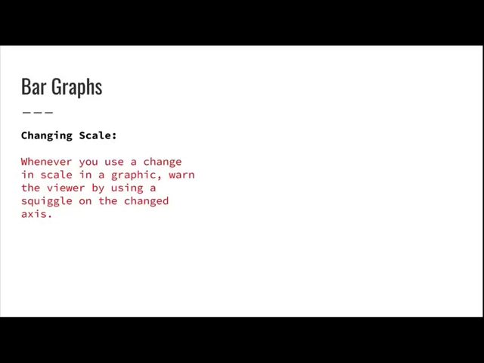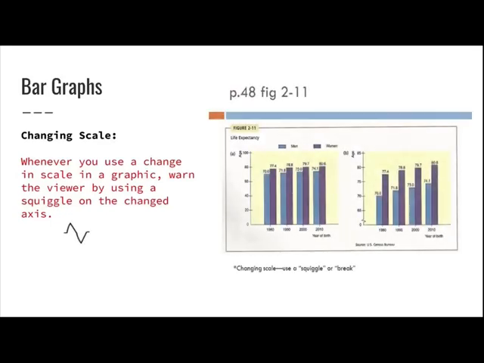We also have something called the changing scale. Whenever you use a change in scale in a graphic, you want to warn the viewer by using a squiggle on the changed axis, just like that. For example, on this figure, on the one on the left, notice how the y-axis goes from 0, 20, 40, 60, 80, 100 for the age.